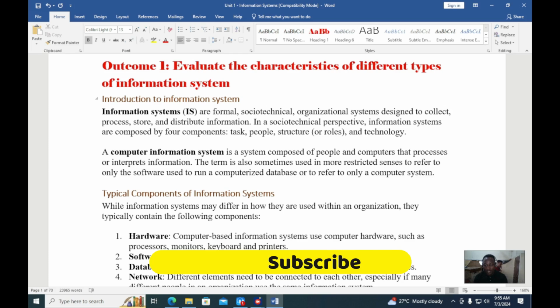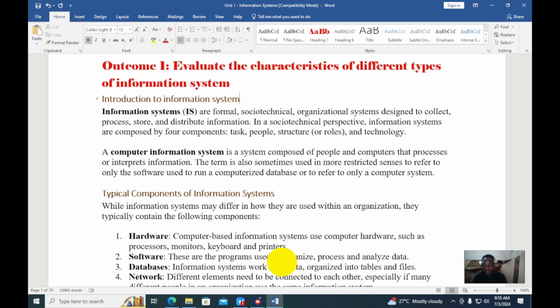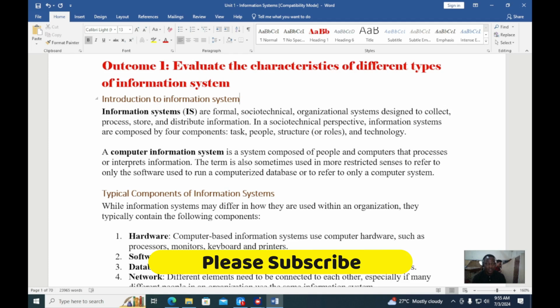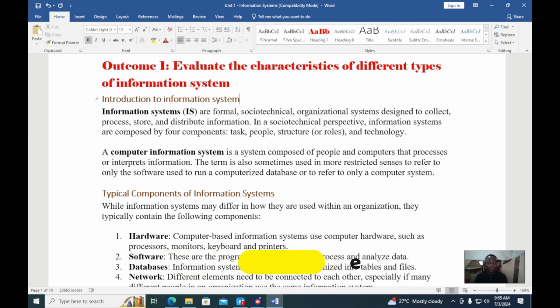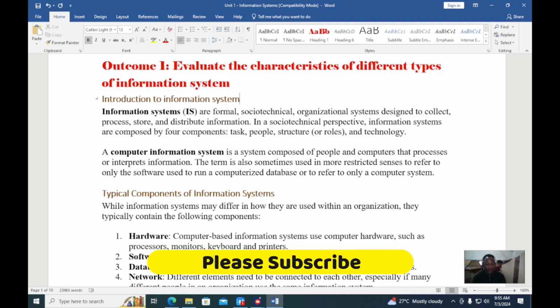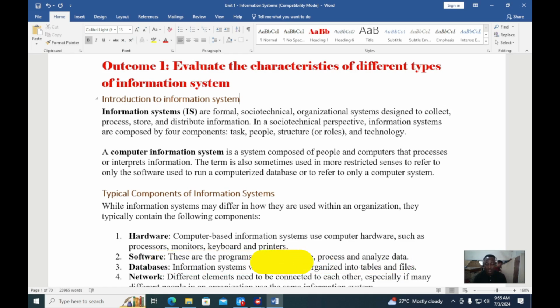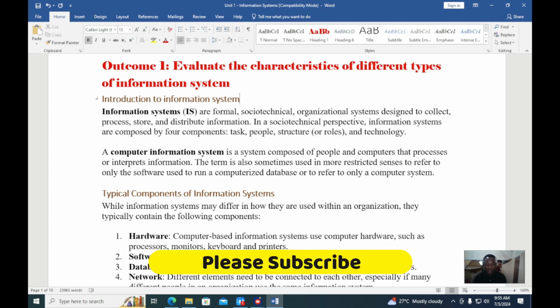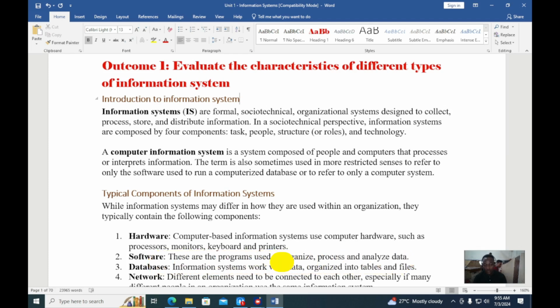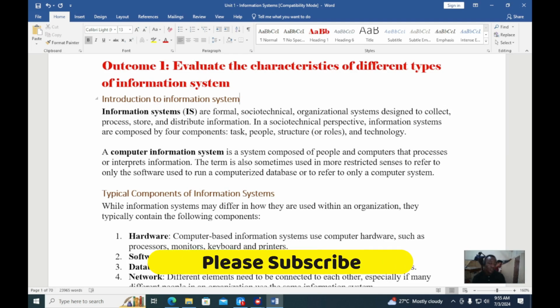So these are organizational systems that are set up or designed to carry out some specific functions, purposely to collect data or information, to process that data to get information, to store the data, and also to distribute that information to various departments or other areas where the data is going to be useful.